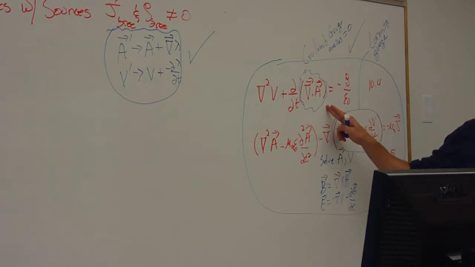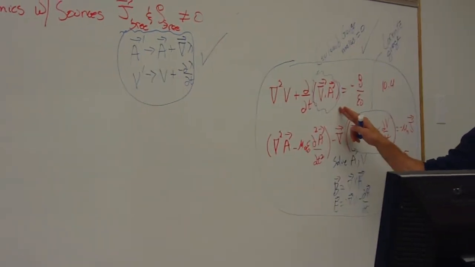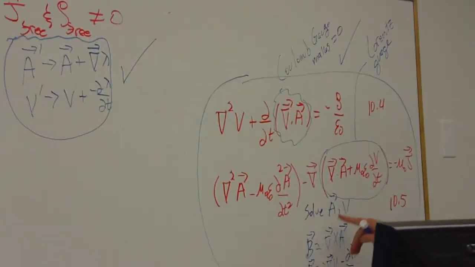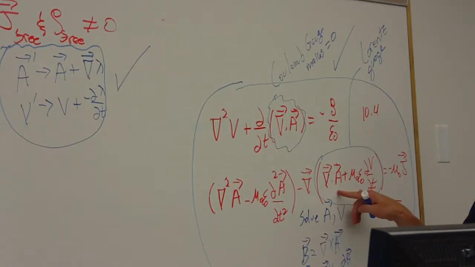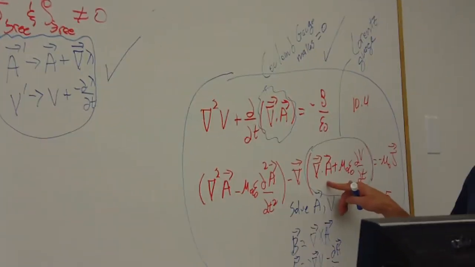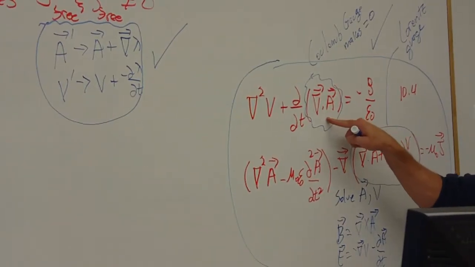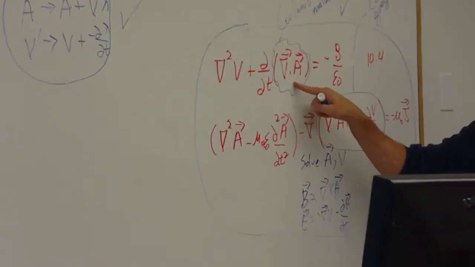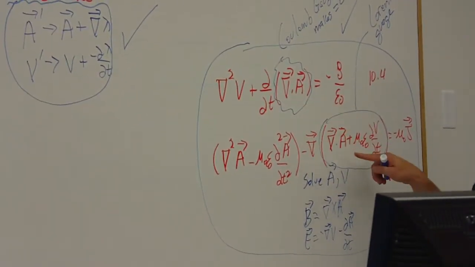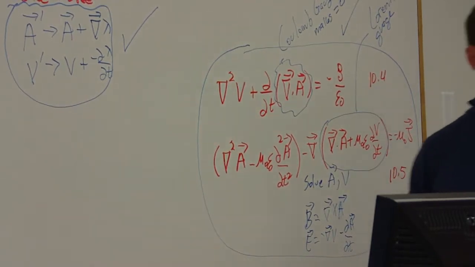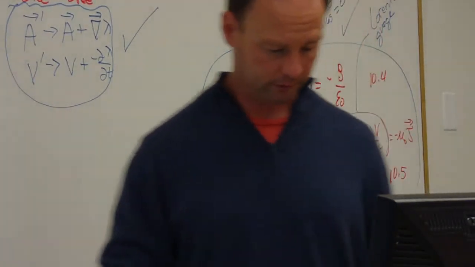All right, and that will be called the Coulomb gauge. So we'll find the scalar function lambda that makes this equal to 0, and then make the divergence of A equal to minus.